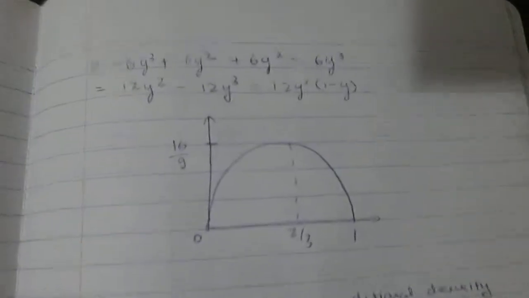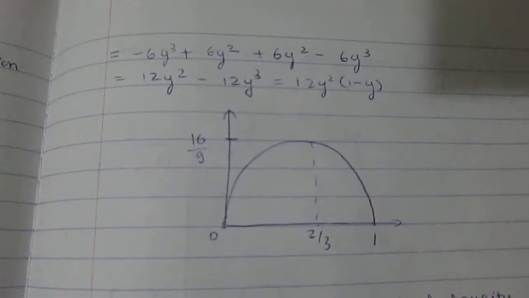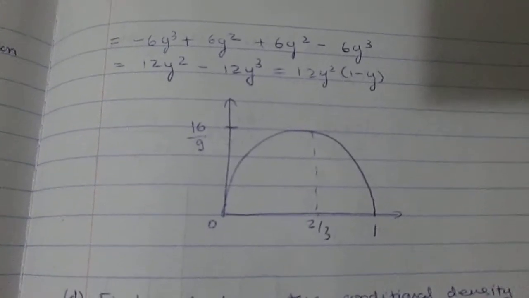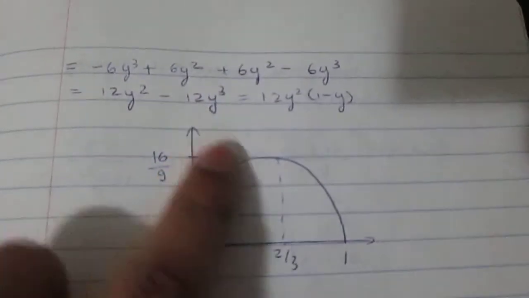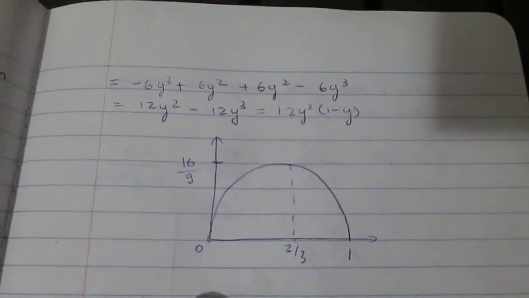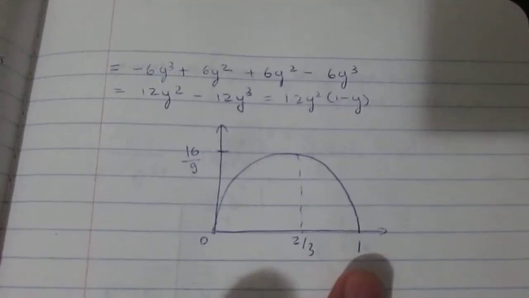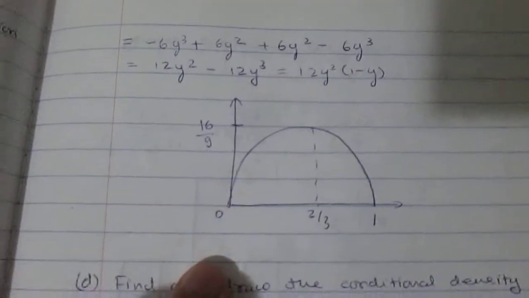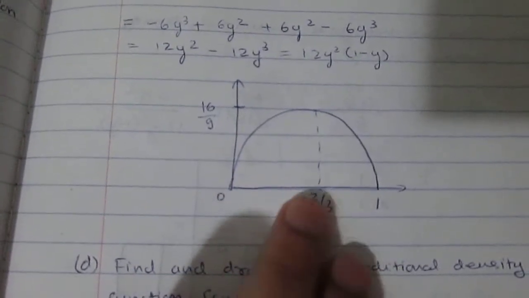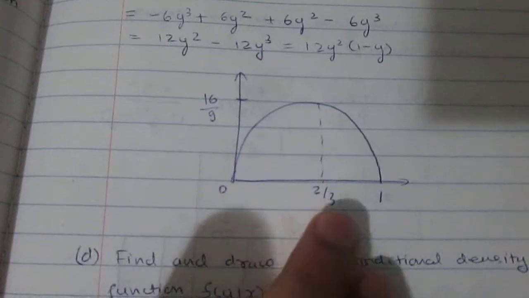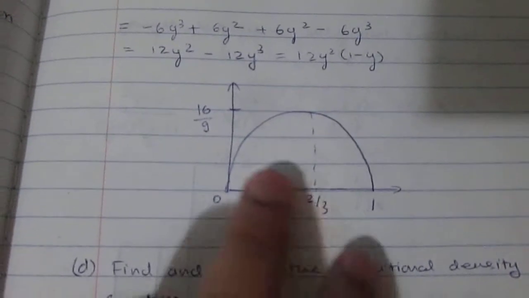So once we integrate that, we will get 12y square minus 12y cube. And if we plot it with the x-axis as y and the y-axis as f(y), the graph peaks at y = 2/3 and the value we get is 16/9.